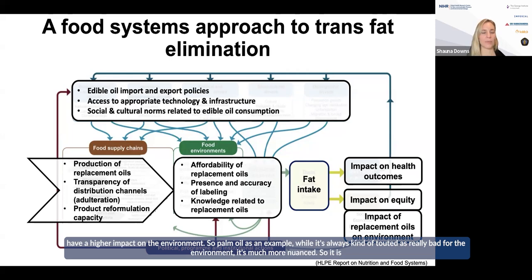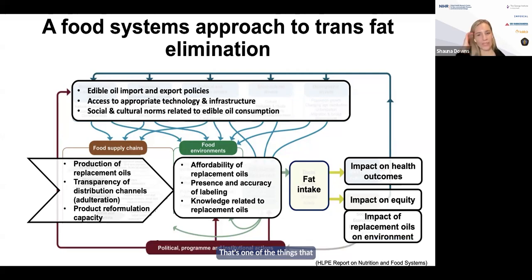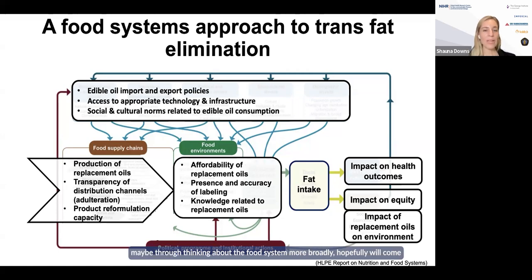So palm oil as an example, while it's always kind of touted as really bad for the environment, it's much more nuanced. It does lead to a lot of biodiversity loss. But it's super productive, so you don't need as much land to produce as much oil as some of the other oils. So there are trade-offs. And I think that's one of the things that, through thinking about the food system more broadly, hopefully will become more clear: it's often not black or white.